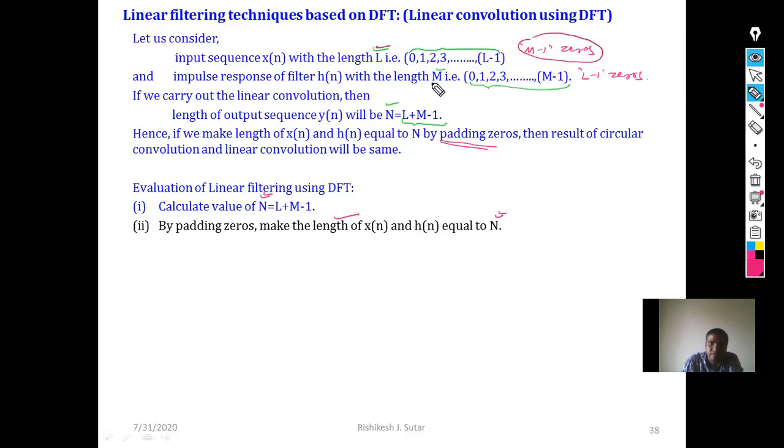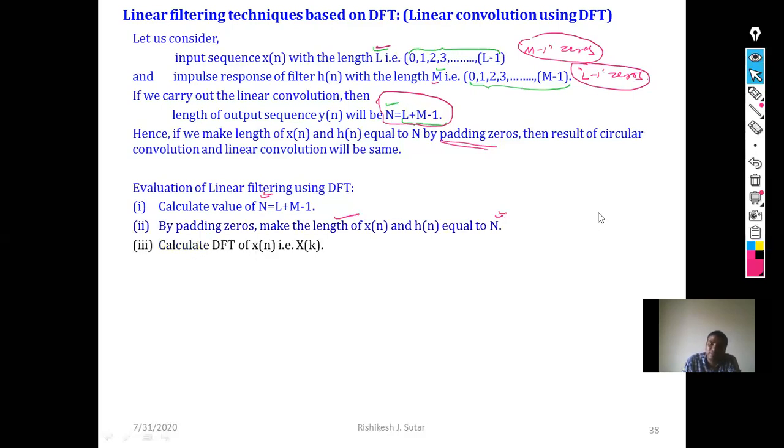If h of n has length M, then you have to add L minus 1 zeros, because N equals L plus M minus 1. You add this many zeros to x of n and h of n to make their length equal to capital N.